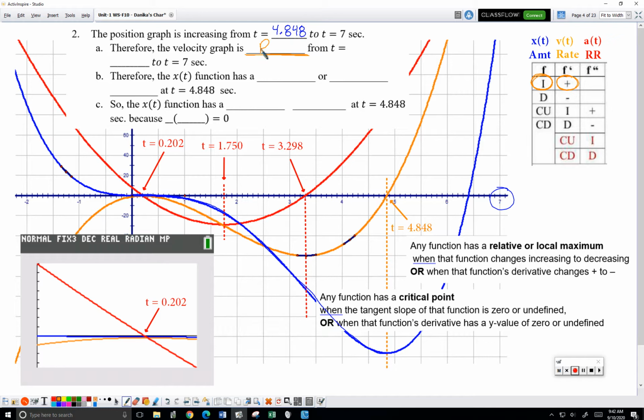And if I look at the graph, and you should as you're doing your homework, make sure that the correspondence makes sense to you. So I see here my position's going up, and during that entire time period, every one of these y coordinates on the velocity graph is positive.